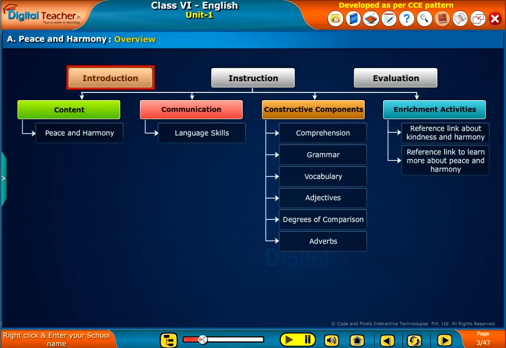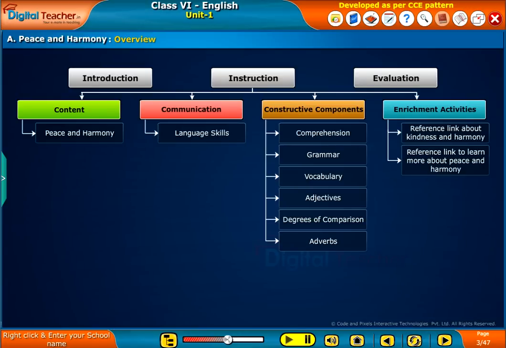The Introduction section is meant to motivate the student to learn the lesson. The Instruction section divides the contents of the lesson into 4 subsections. They are Content, Communication, Constructive Components, and Enrichment Activities.